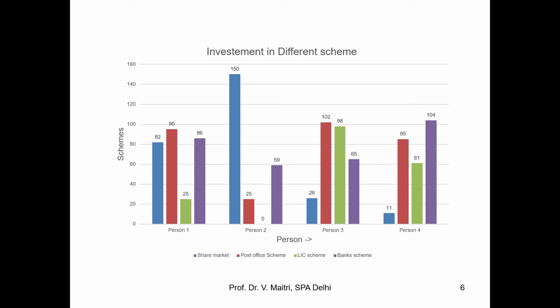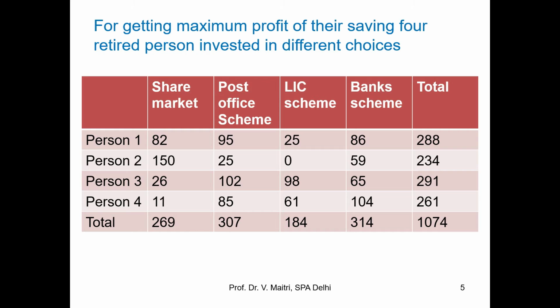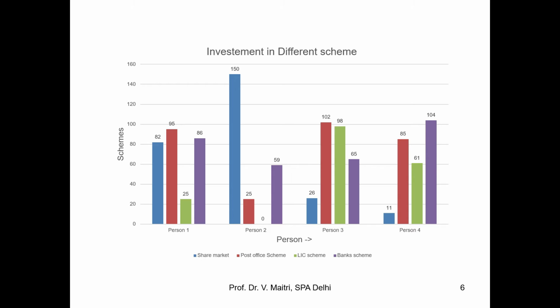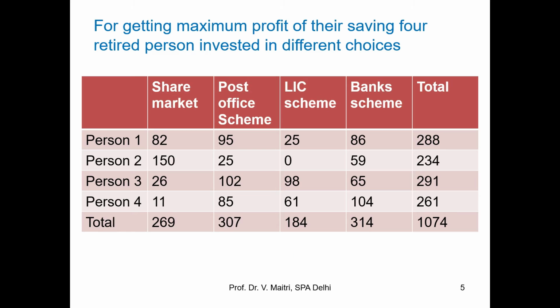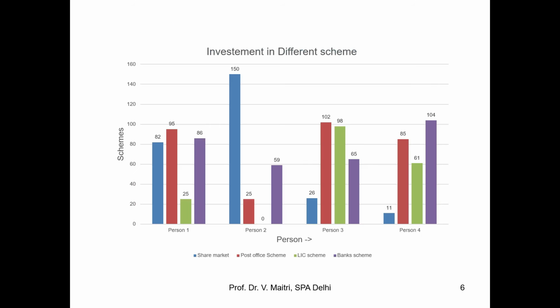Now this shows clearly. This is a small data set, but when a person is investing in more schemes, you have more bars, and now you can conclude very easily that person number 2 has invested the maximum in the share market and has not invested anything in the LIC scheme. Just see.